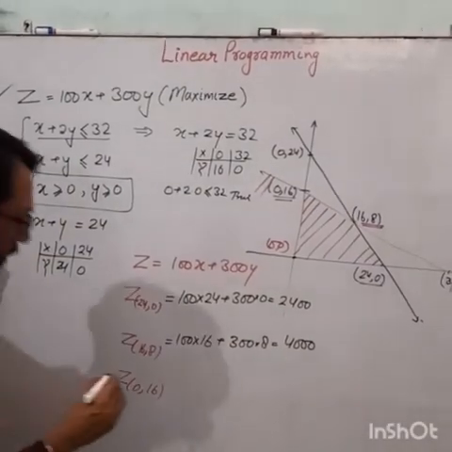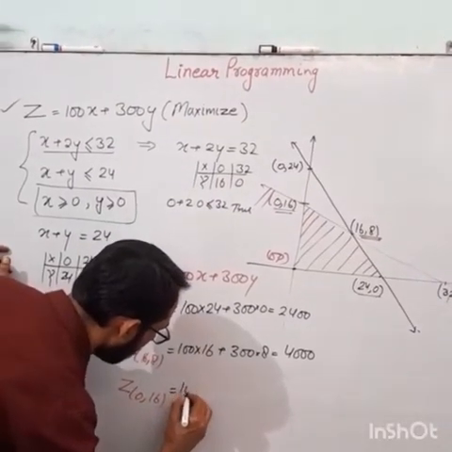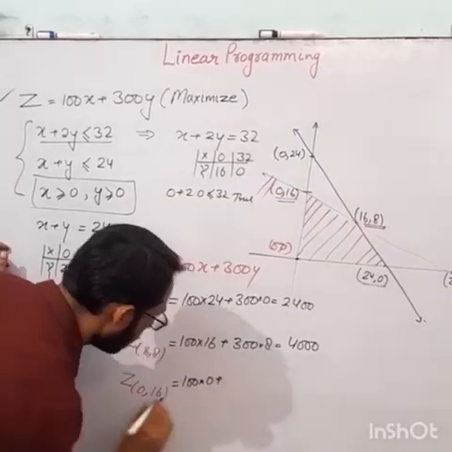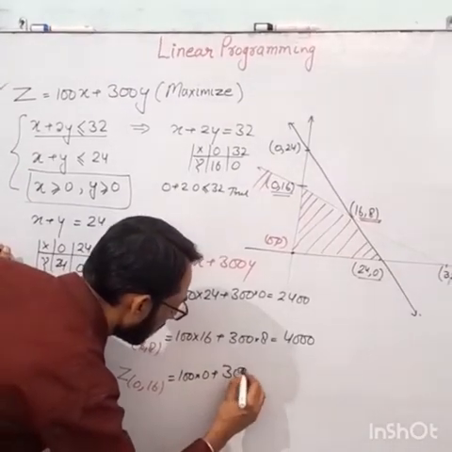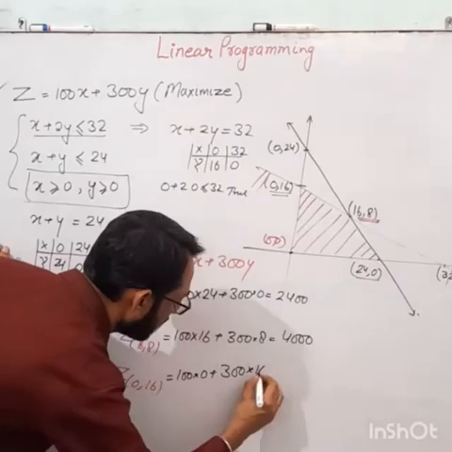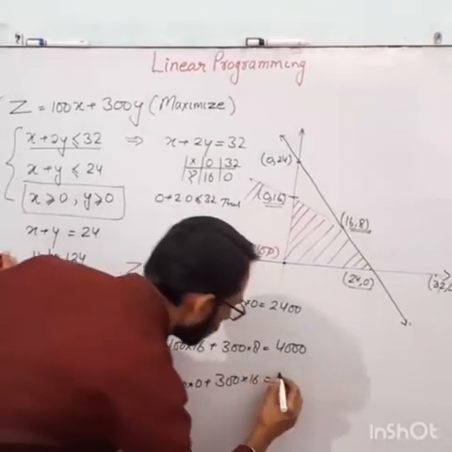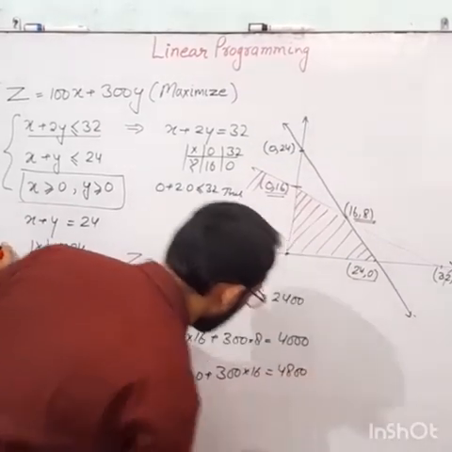Last is 100 into 0 plus 300 into 16, which will be 4800.